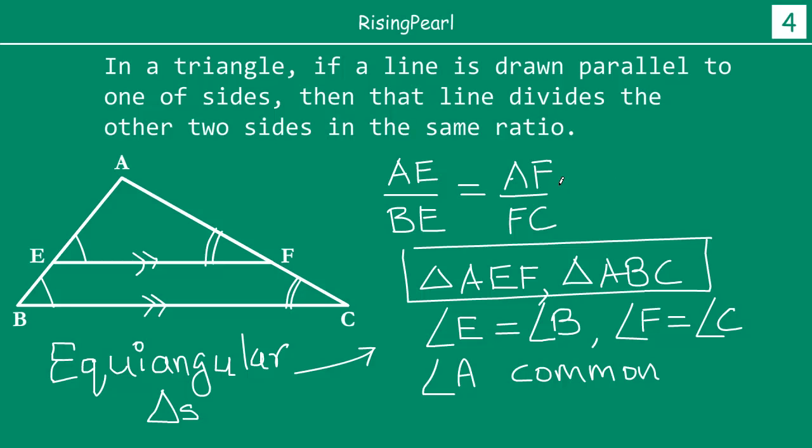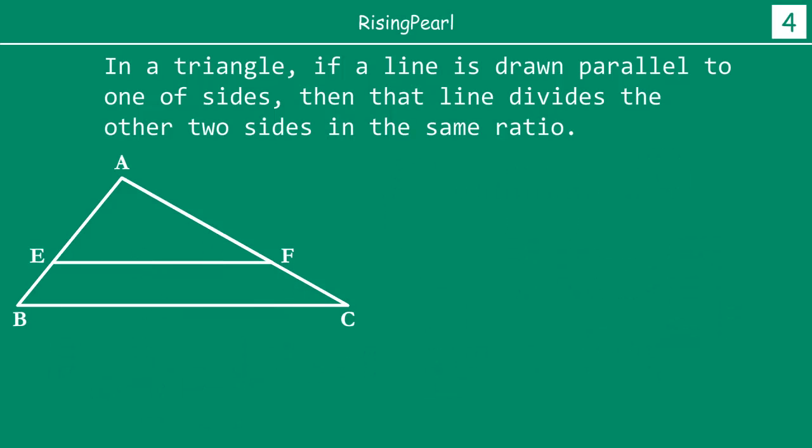Now also we have this ratio which is given, let's call it 1, because the theorem states that the parallel line cuts the other two sides in this ratio. Now let us see what we can prove with this. Let's give ourselves more space. We have AE divided by BE equal to AF divided by FC.